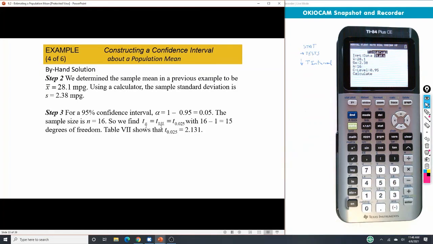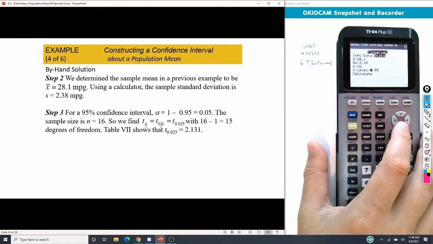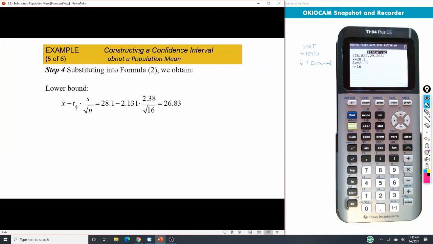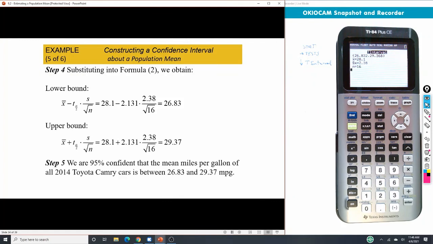Yes, N is 16. We can see that here in step 3. And we still want a 95% confidence interval. So now we calculate. Okay, and so we can see that our lower bound matches now, 26.83. And our upper bound is 29.37. Okay, and so that means that we're 95% confident that the mean miles per gallon is between those two numbers.